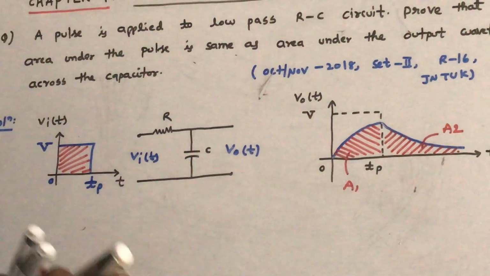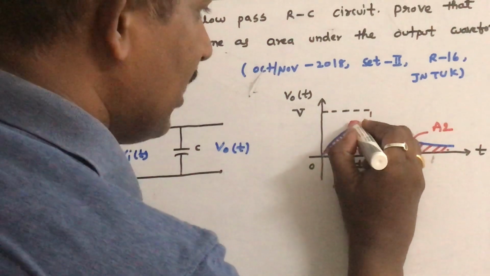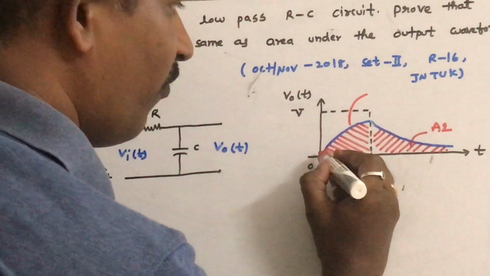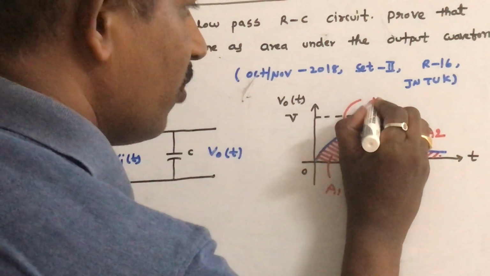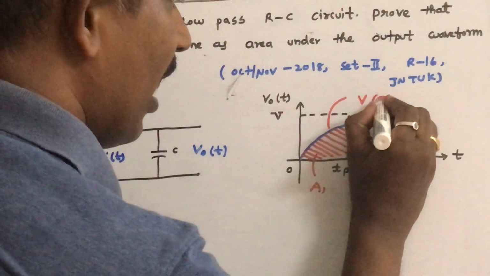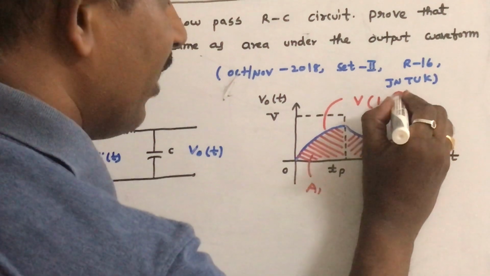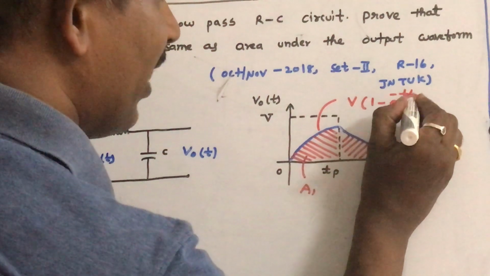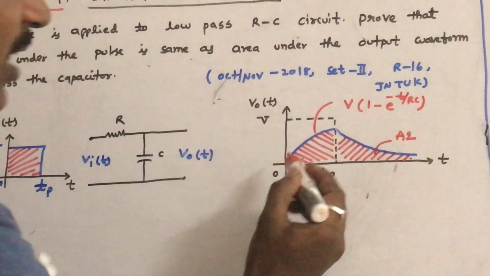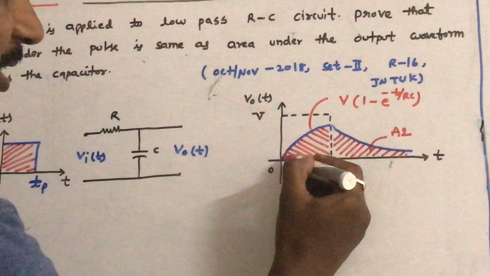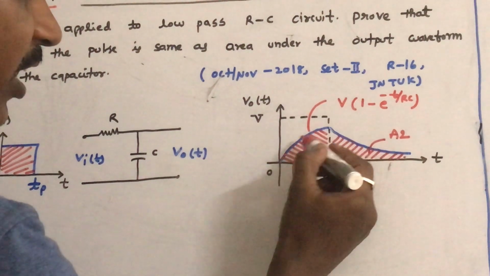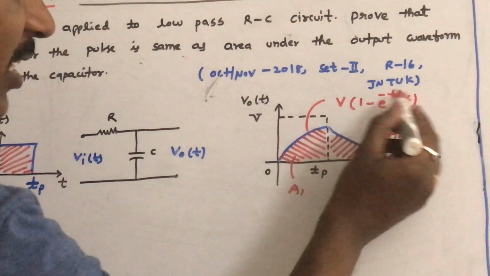Before that, what is this graph? This graph is an exponentially increasing graph, which is mathematically written as I have explained in theory. What is the charging equation? The capacitor charging equation is V into 1 minus e power minus t by RC.